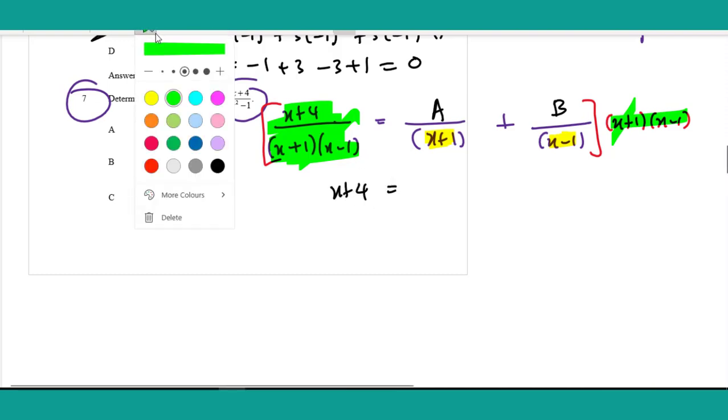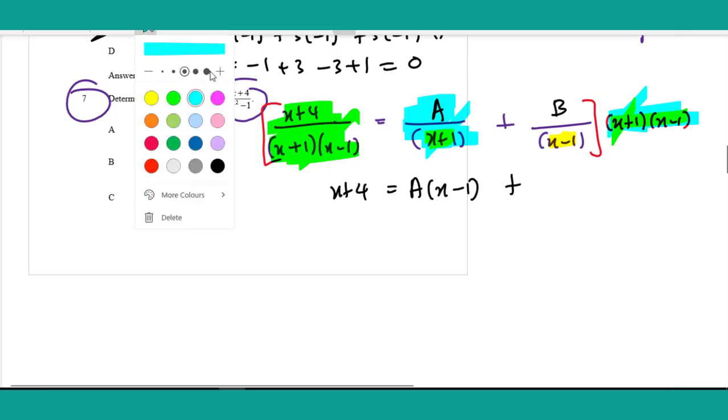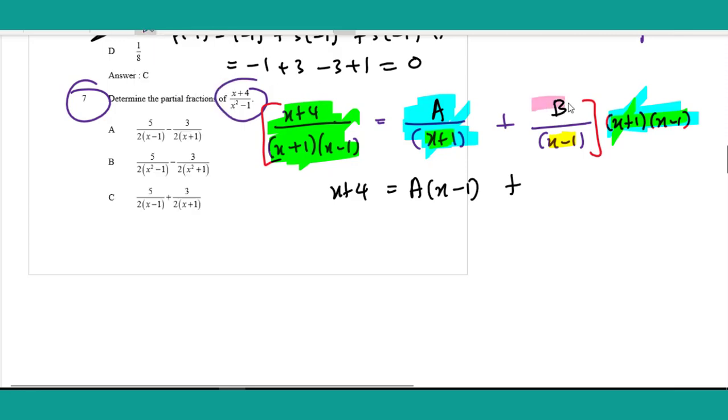Next, multiply this term: x plus 1 cancels, and the answer is a times x minus 1. Then the third, multiply this term and it cancels, so the answer is b times x plus 1. So it's easy for you to substitute values for x.